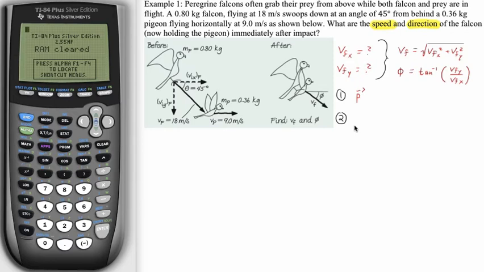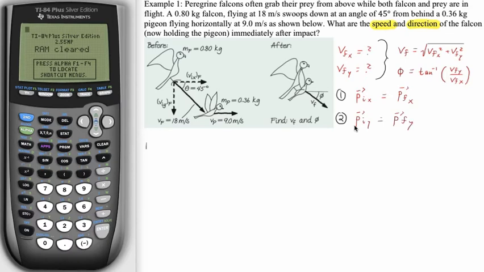This would be the initial p in x is going to equal the final p in x, the x component vector momentum, and then the same thing. So that's just a conservation of momentum in the x direction, and in y, it's going to be quite similar. Initial p y equals p final y.